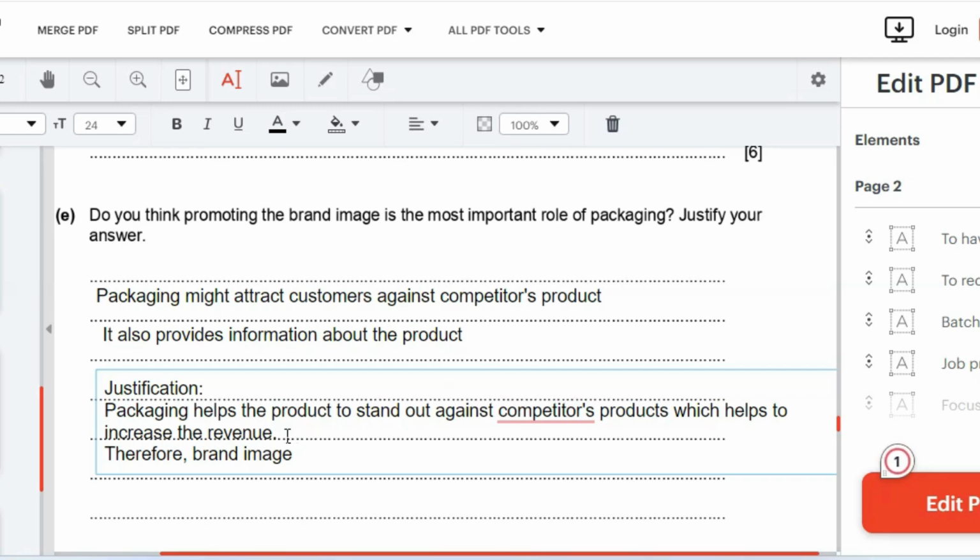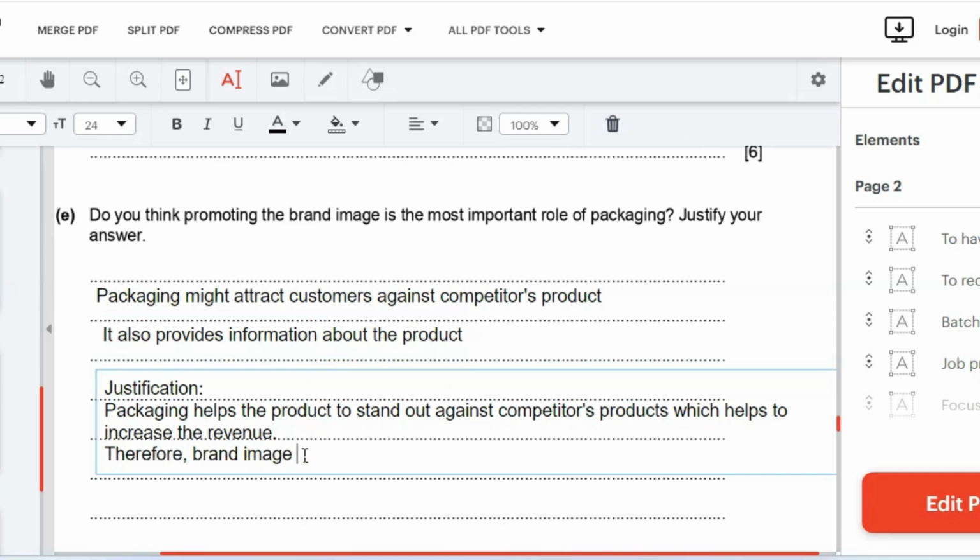Of course, the customer might need to be aware of the product to buy. Brand image might not be the most important role. Why? Because the customer needs to be aware of the product to buy. And also, the disadvantage here is that damaged goods will not be identified by the customer.